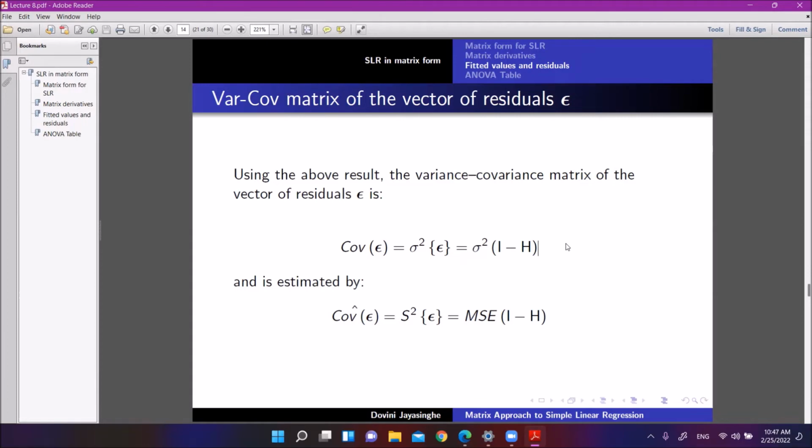We assume theoretically it is zero, practically you should get values which are very close to zero. And this is estimated by this. Sigma squared is estimated by the mean squared error, MSE. This is coming here. So this is again a matrix because I is the identity matrix, H is the hat matrix.